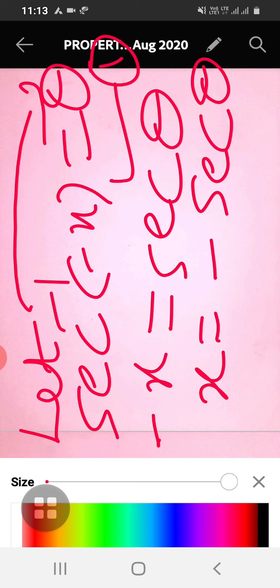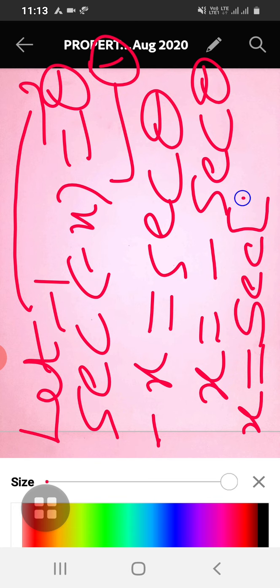We cannot write like that. This is an important step. Here the ratio should not be changed, so you write pi minus theta. By the ASTC rule, 180 minus theta lies in the second quadrant, where secant is negative. Therefore, this minus secant theta can be written as secant of pi minus theta. So I will take up the step.